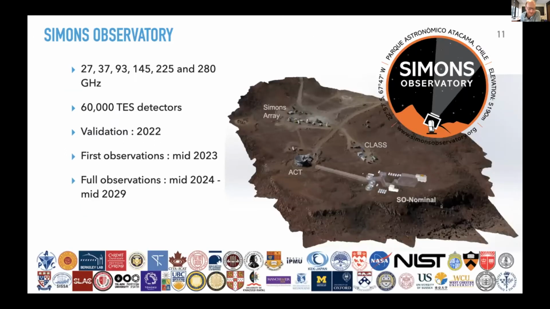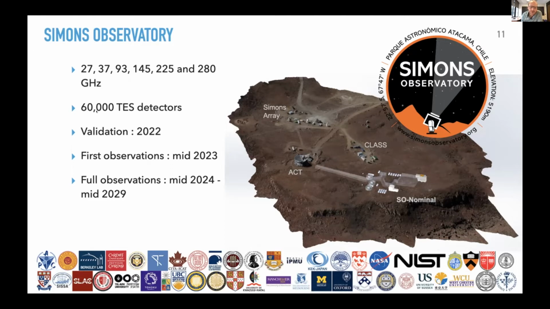Now, briefly I'll mention Simons Observatory. This is a future experiment that's being built right now. It's right next to ACT, or will be right next to ACT, in the same spot. It will observe in 6 frequency bands.